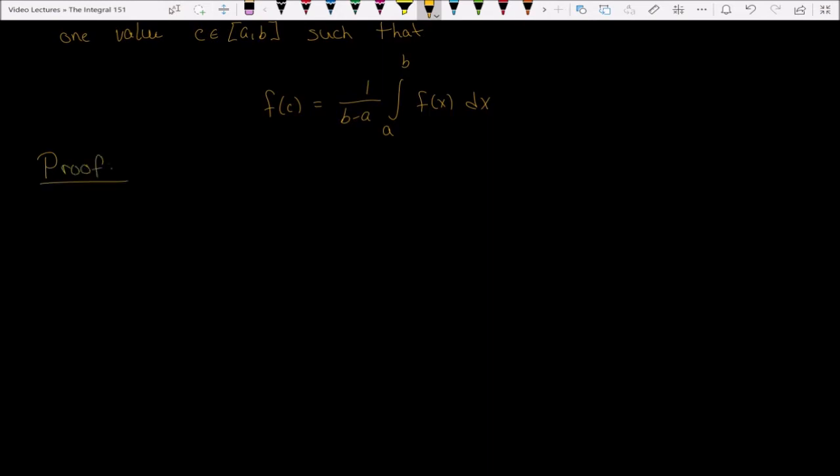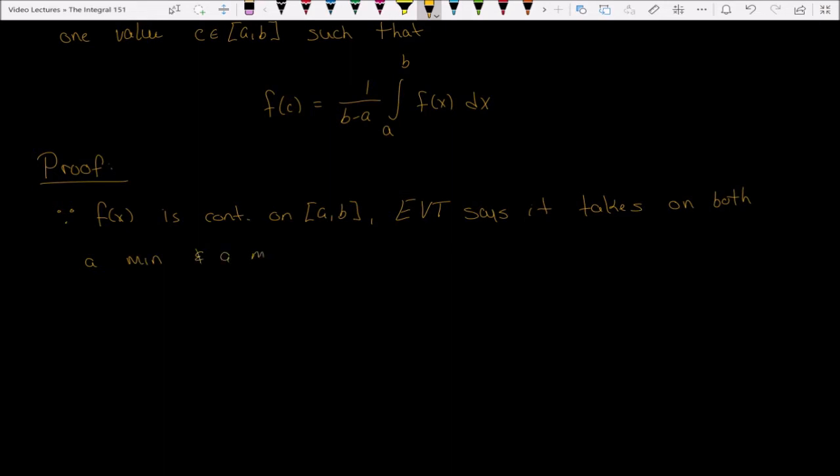To prove this, we note that since f of x is continuous on a to b, the extreme value theorem says it'll take on both a minimum and a maximum within this interval.